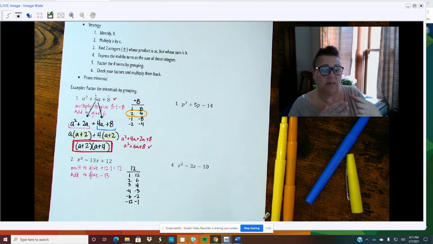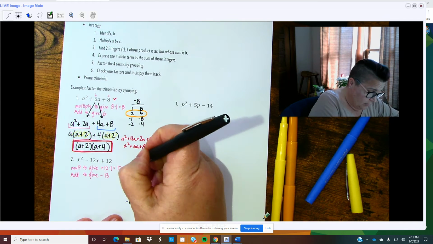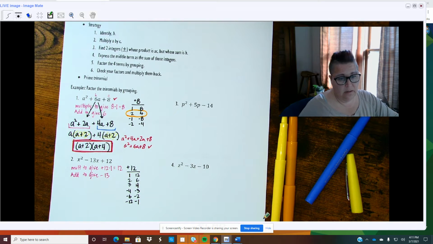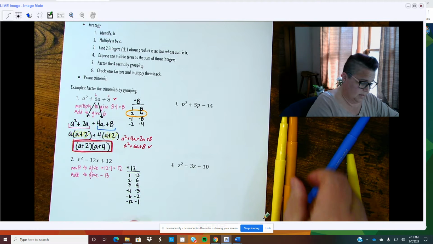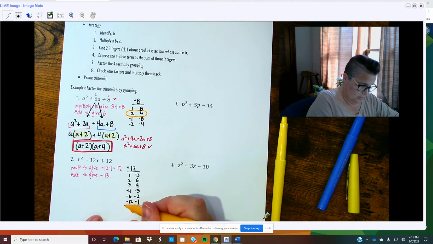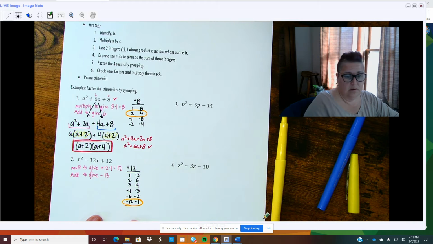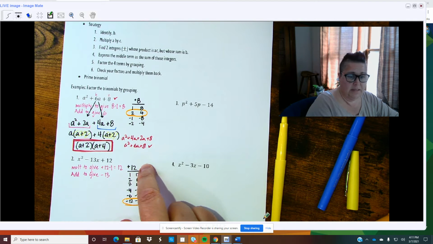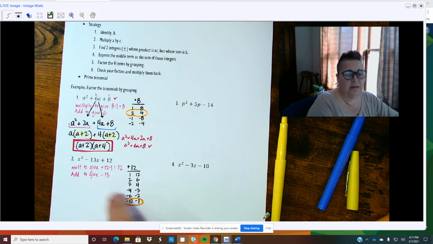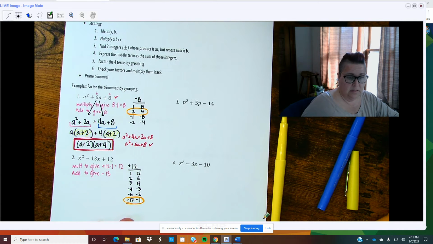Do any one of these pairs add to be a negative 13? Now, negative times negative is positive, and negative plus negative, I think we're talking about this one. Right? That pair, when multiplied, gives me a positive 12, but when I add them, I get a negative 13.